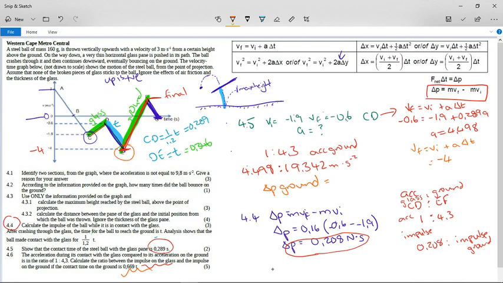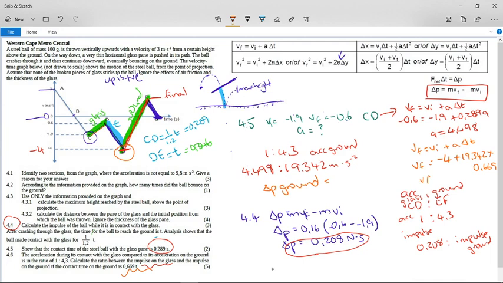Can you see here's where it hit the ground? Plus this 19,342 we've just calculated, times this time that they told us in the question, 0,669. Then you will end up with a final velocity.